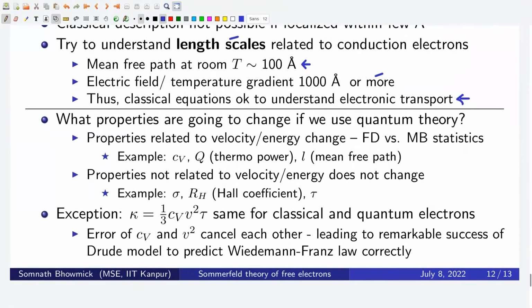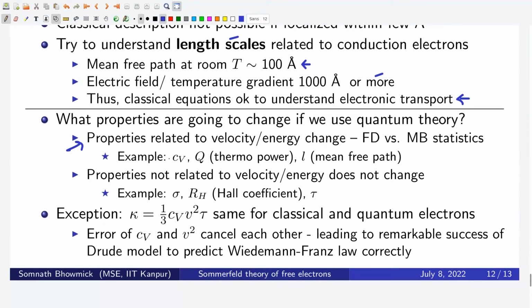Now let us see what properties are going to change if we use quantum theory, and what properties are not going to change. Note that all the properties related to velocity or energy are going to change. This is what we have seen, right? The velocity of the quantum electron gas is much higher.